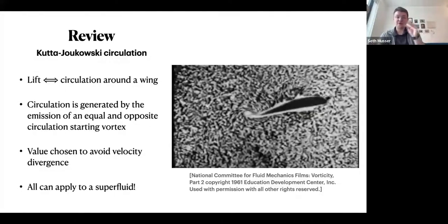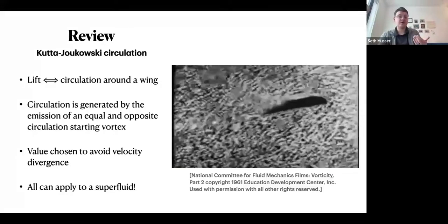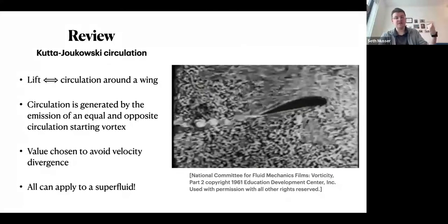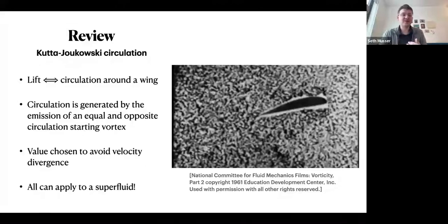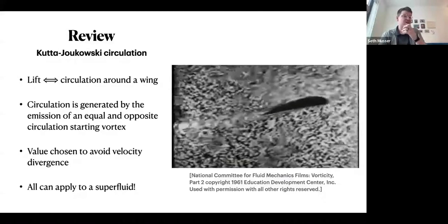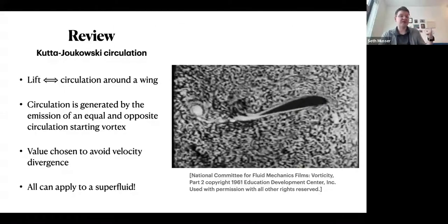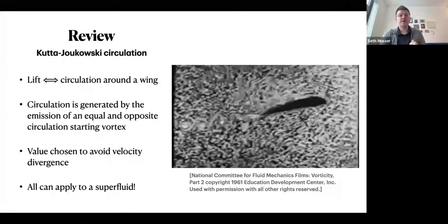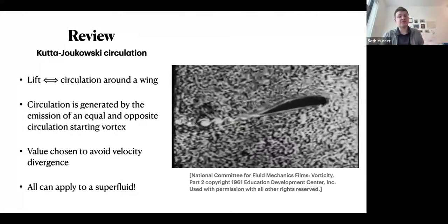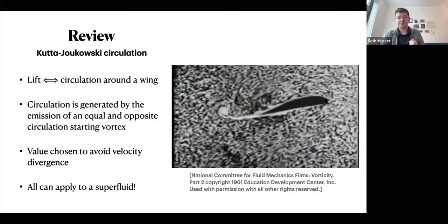So when we start the foil, it has 0 circulation before it emits a starting vortex. And so the natural question is, what actually causes the emission of that starting vortex? And that's where we'll see a big difference in standard viscous fluid versus a superfluid.